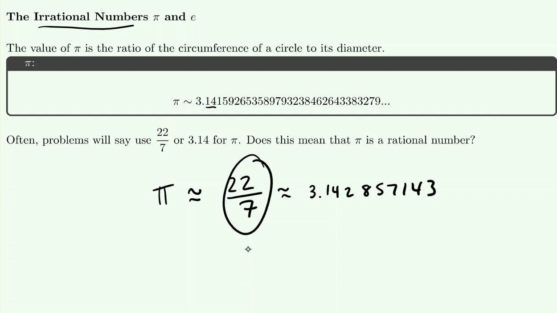Now, this looks like a rational number, but as we actually compare the decimals, we see that they agree up to the first 2 decimal places, but then after that, they're different. So all this is saying is that the fraction 22 over 7 is very close to pi, but it's not actually the value pi. So pi is not a rational number. No, it's just approximated by one. Approximated means close but not equal.